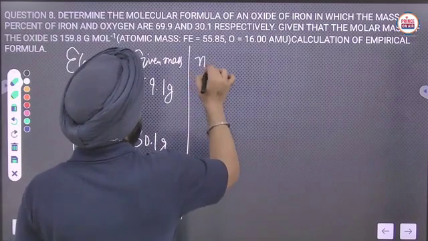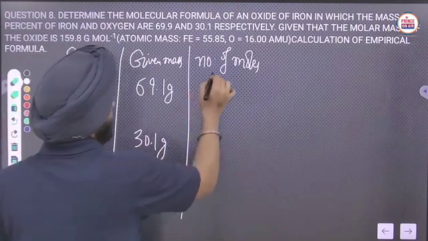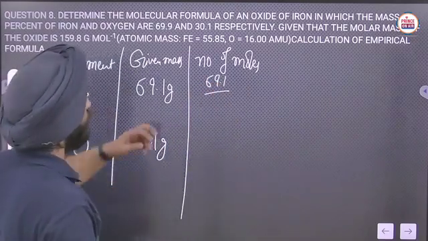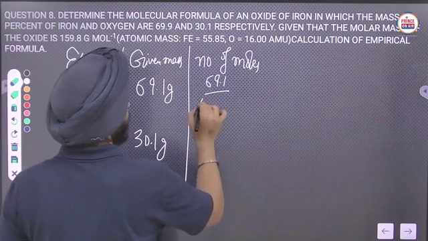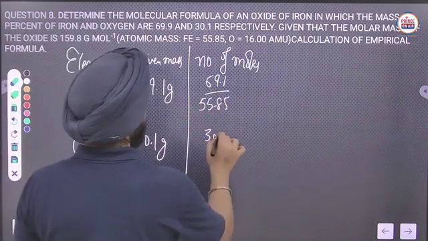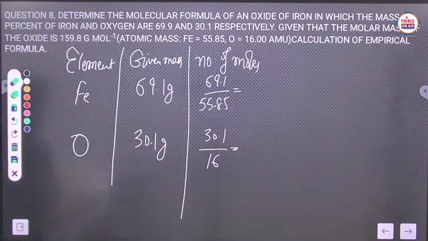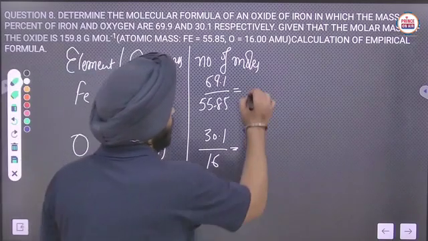Now the number of moles: it comes out to be 69.1 upon 55.85, the atomic mass of iron, and 30.1 upon 16. Calculate this value. We have done all that already, so do that yourself first. Can you do this? It comes out to be 1.25 and 1.88.